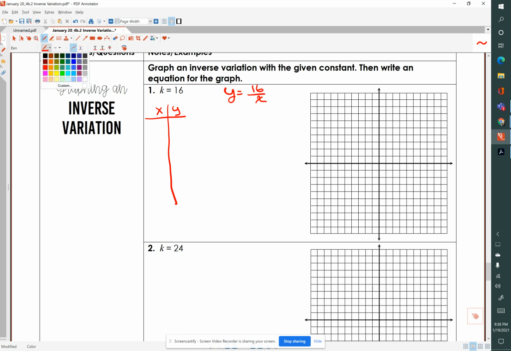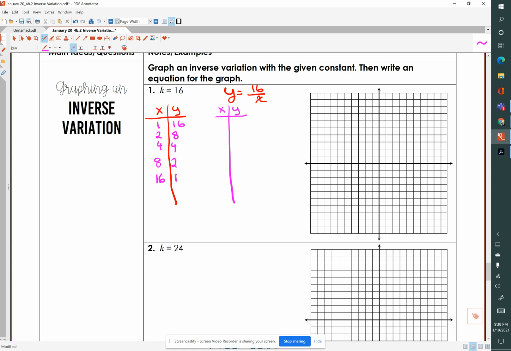So let me change the color, and let's see, we multiply 16 together. We can do 1 times 16, 2 times 8, 4 times 4, 8 times 2, or 16 times 1. But let's not forget, we can also get to 16 by multiplying together two negatives.